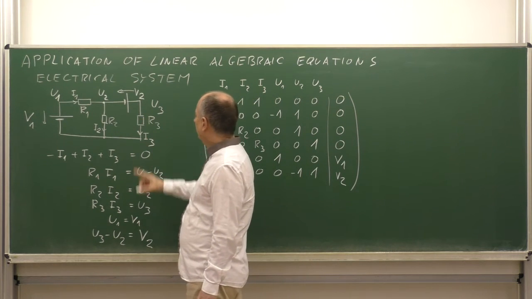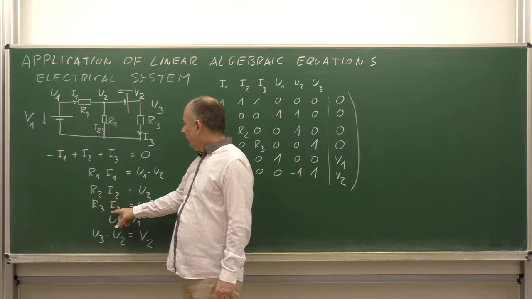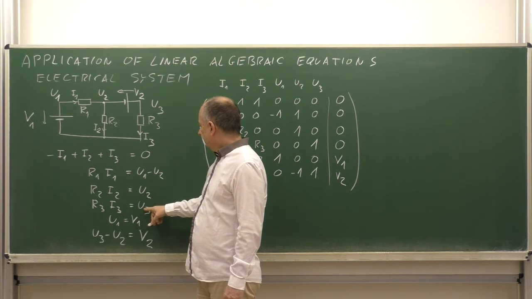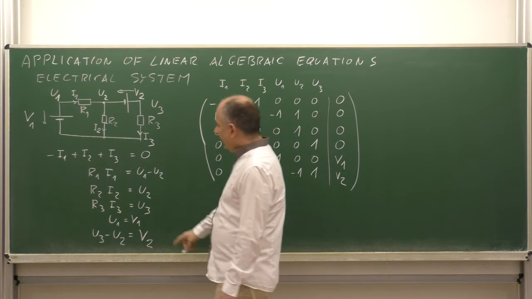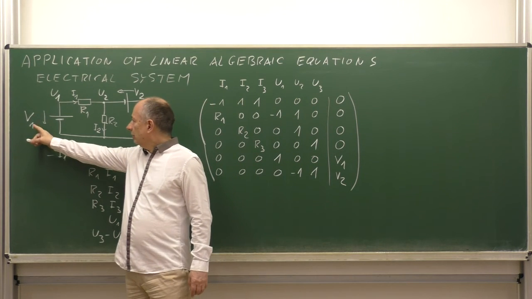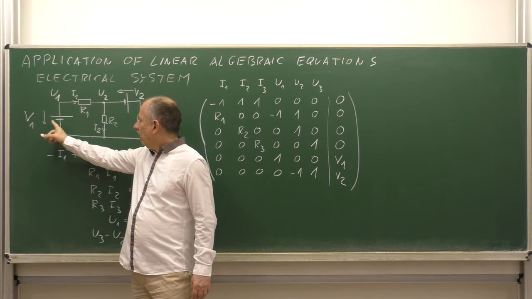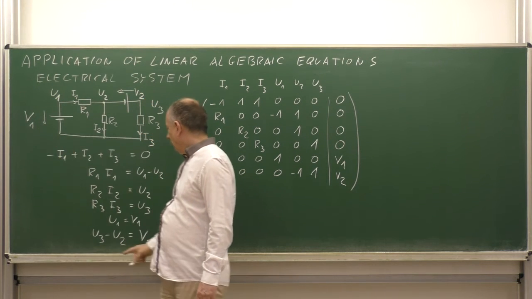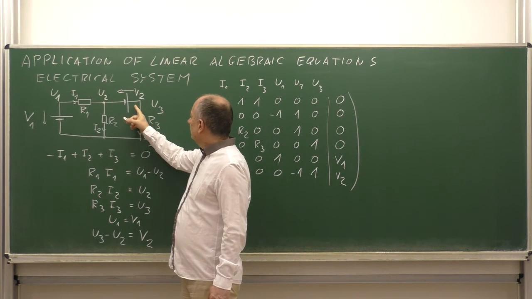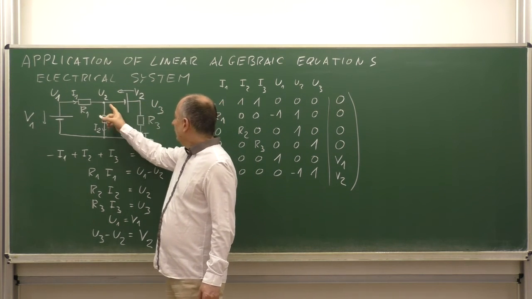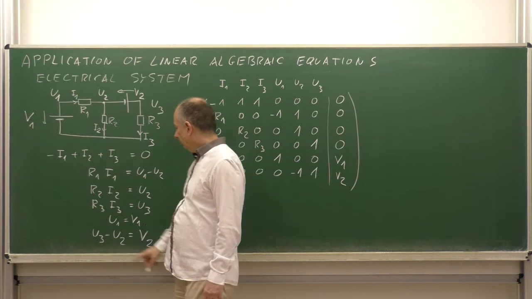Well, and the same for this resistor, R3 times I3 is the voltage U3. And then, if we denote the voltage of this battery V1, then it is equal to U1. And this voltage is the change of the voltage between U3 and U2.